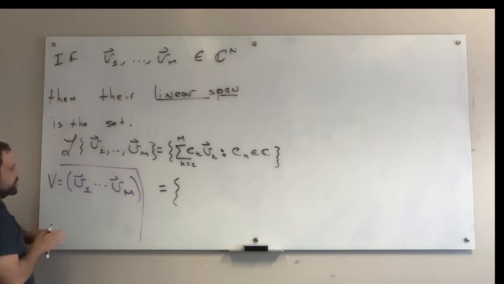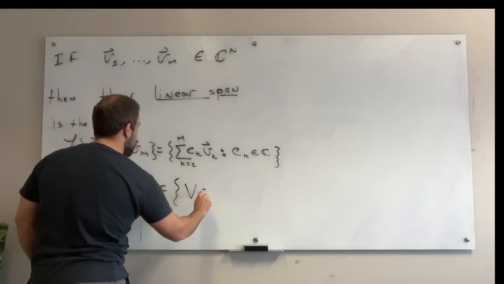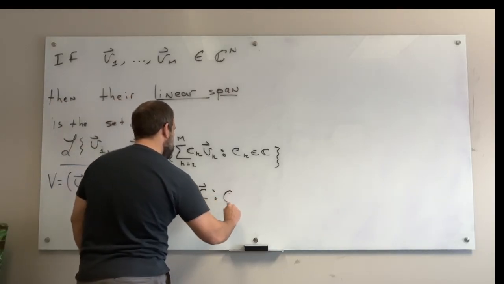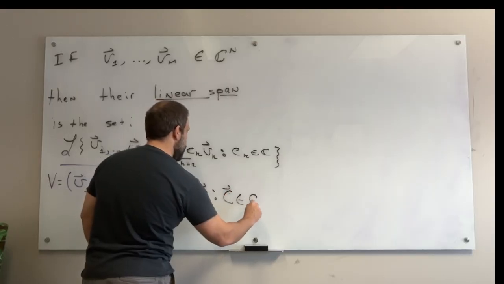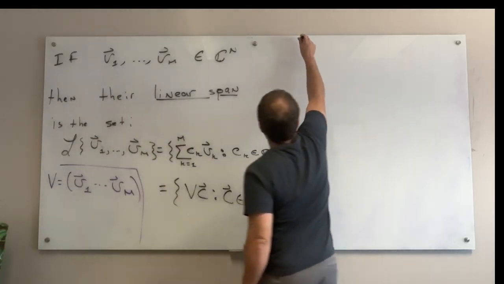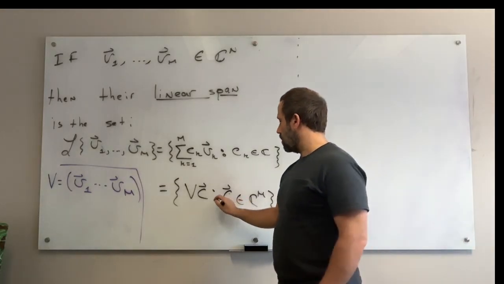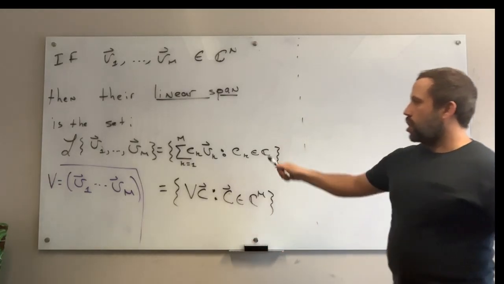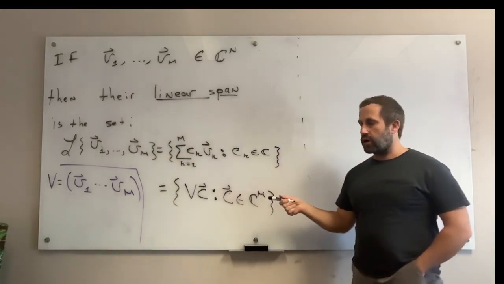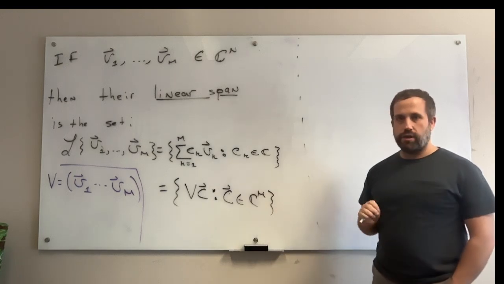So given what we said in the previous videos, we could also define this as all of the vectors of the form V times c, where c is a vector in C^m. So again, we take any set of vectors, form the set of all linear combinations. That gives us something called the linear span.